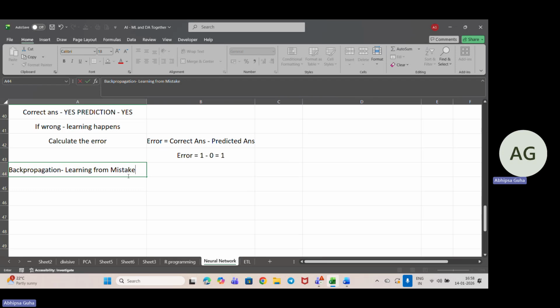In that case, you backtrack. You go to the previous step, the step before that, and cross-check everything. If you have done any mathematical operation incorrectly, that's why you are getting this error. The same thing happens here, so that is why we call it back propagation. It goes backward and fixes the mistake.